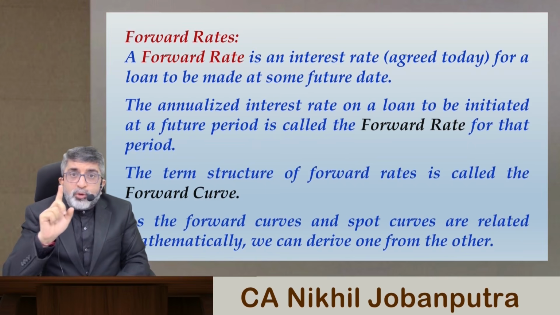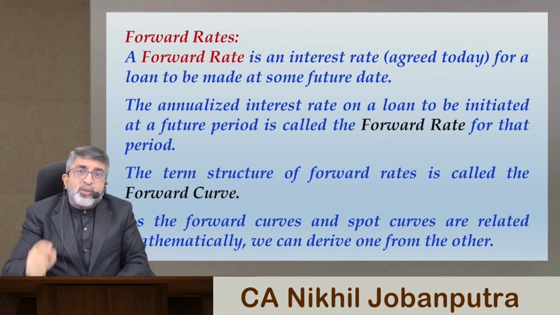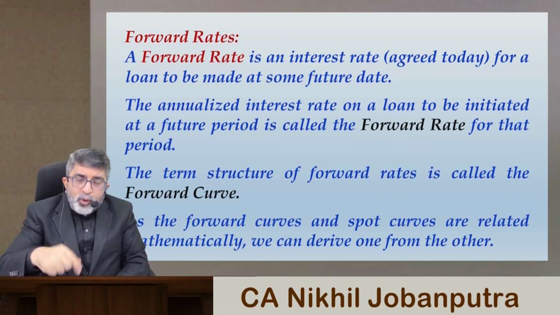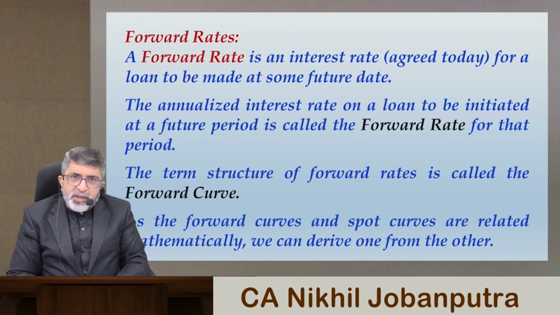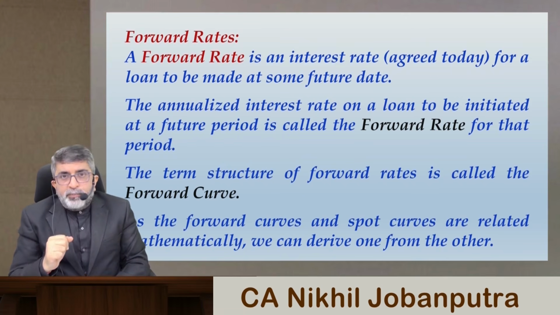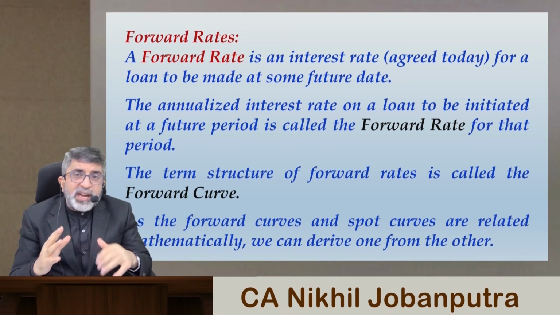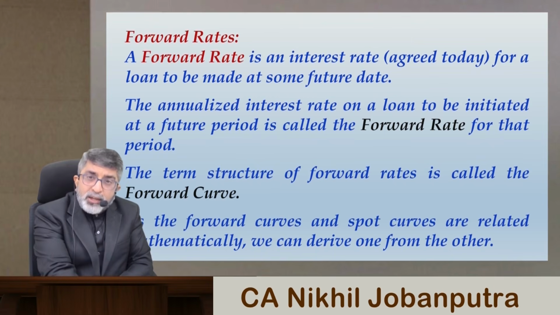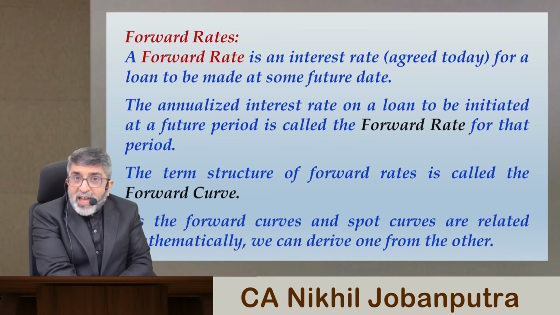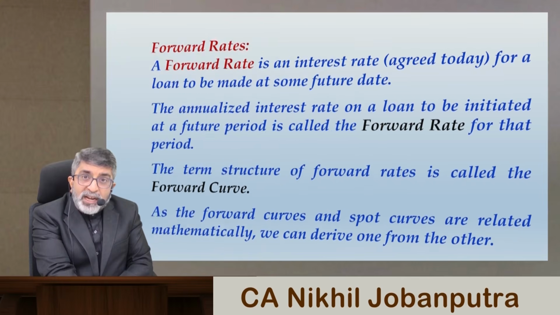That's it. So you want to borrow now, it will be the spot rate that applies. You want to borrow at a later stage, but you want to fix the rate now, then it will be the forward rate. Now, the terms and variables that are used over here, you should get familiar with, and you should never have any misunderstanding with respect to that.